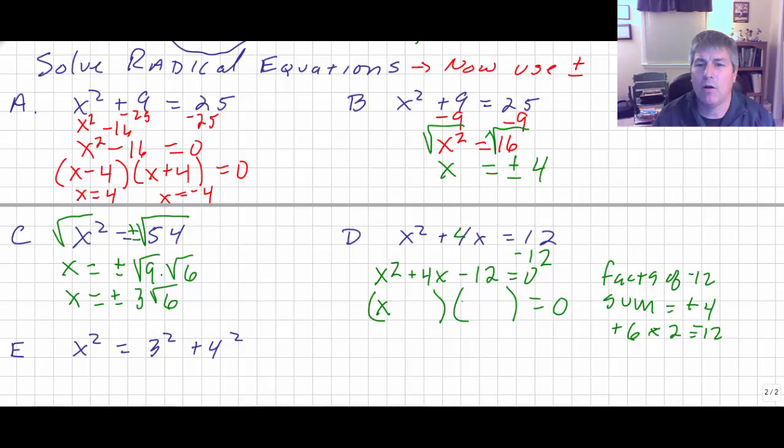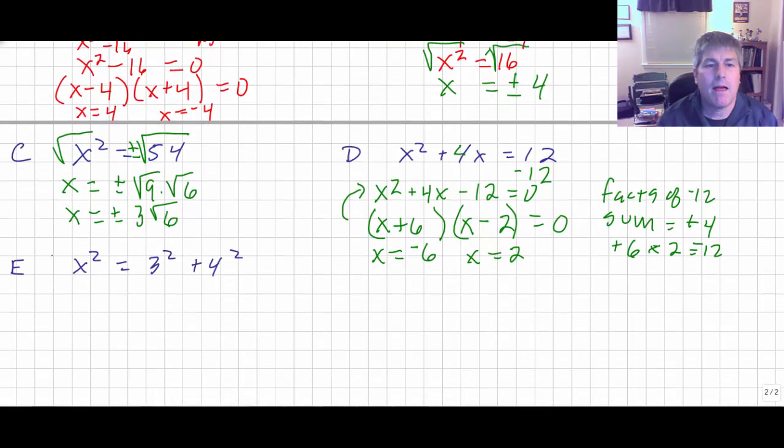Factors of x squared will always be x and x. And then if I do x plus 6 and x minus 2, if I FOIL this back, if I multiply this back, I would get my original trinomial here. And then I set each factor equal to 0, so I get x equals negative 6 and x equals 2. And that's my final answer. Those are my two options for x that will work.